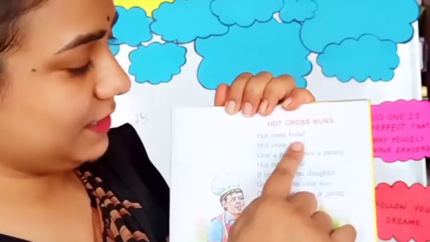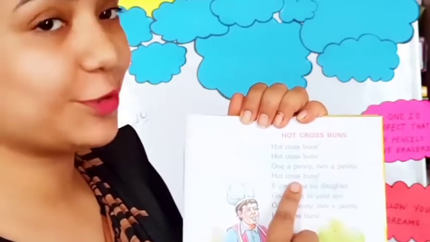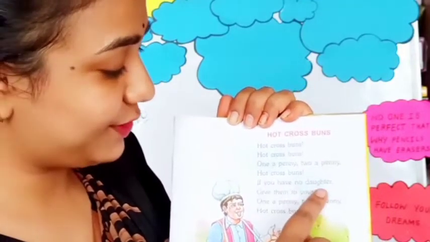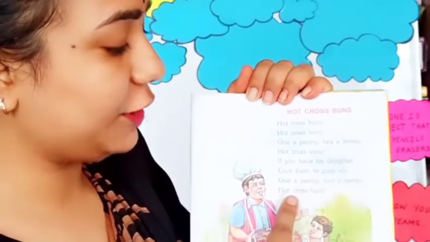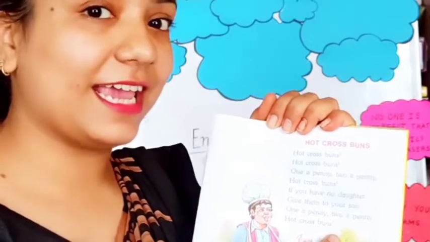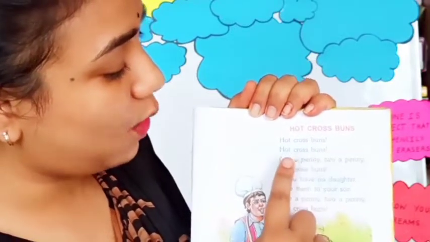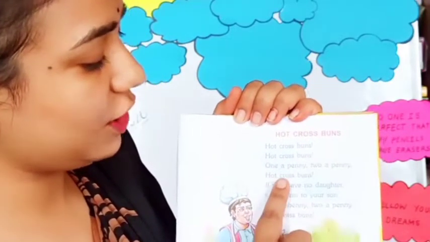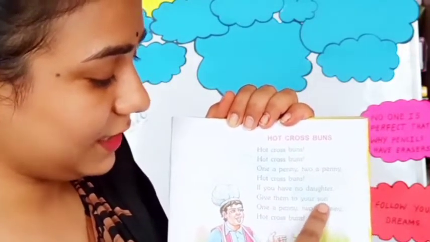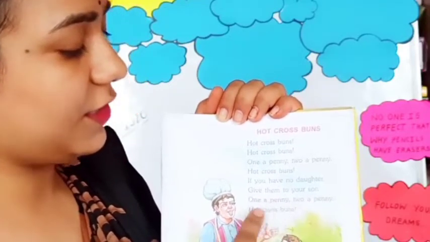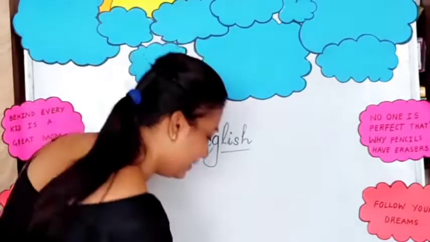Hot cross buns, 1 a penny, 2 a penny, hot cross buns. If you have no daughter, give them to your son. 1 a penny, 2 a penny, hot cross buns. Again, hot cross buns, 1 a penny, 2 a penny, hot cross buns. If you have no daughter, give them to your son. 1 a penny, 2 a penny, hot cross buns. Now again. Let's start.